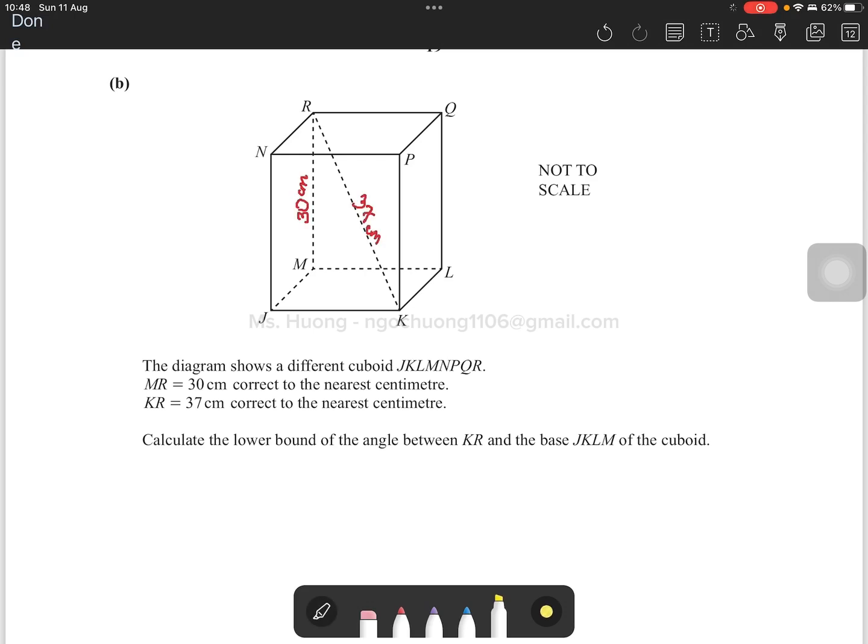Calculate the lower bound of the angle between KR and the base JKLM. The angle between KR and the base, you see that MR is perpendicular to the base JKLM. So the angle between KR and the base is actually the angle between KM and KR. We want to find this angle.